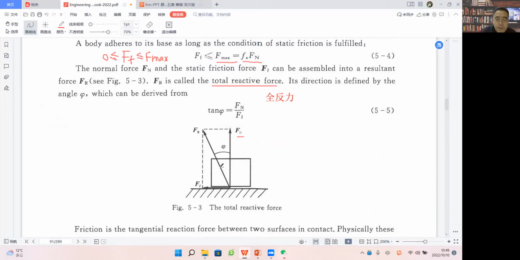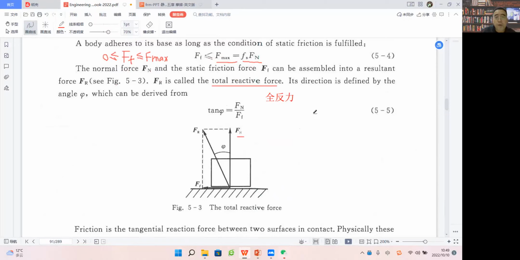So if there is a tendency to let this box move along this direction, we will have a friction effect, which will prevent this tendency from happening, right? So actually we can think of Ff as another kind of reaction force. Its value will be according to the driving force, right?